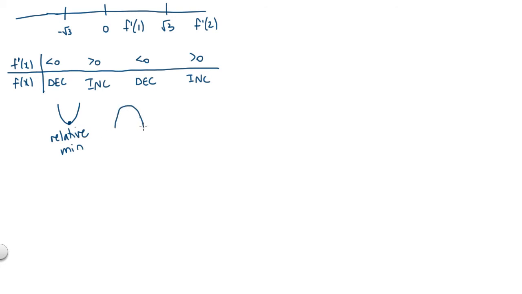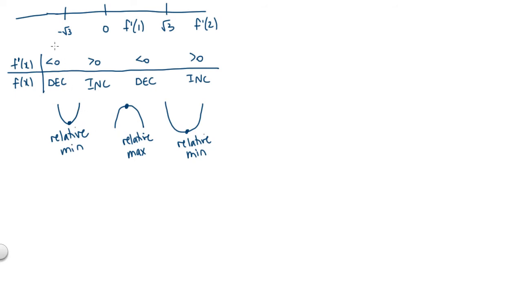We've got a relative max when our function is increasing and then begins to decrease. And we've got another relative minimum where our function decreases and then begins to increase. So just by drawing a little sketch of what the decreasing or increasing behavior looks like, we can figure out whether it's a relative min or a relative max.